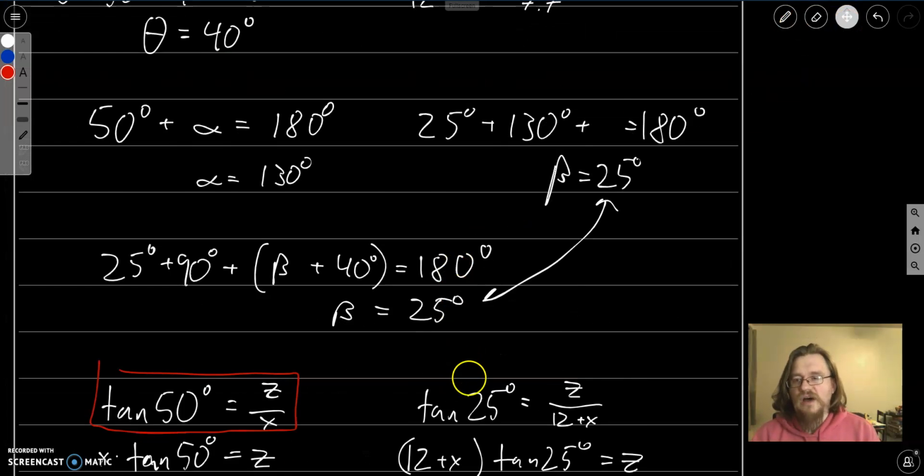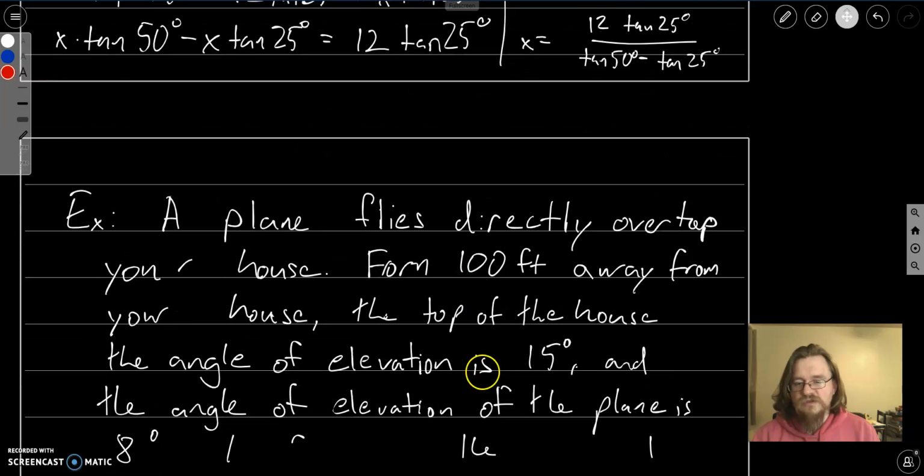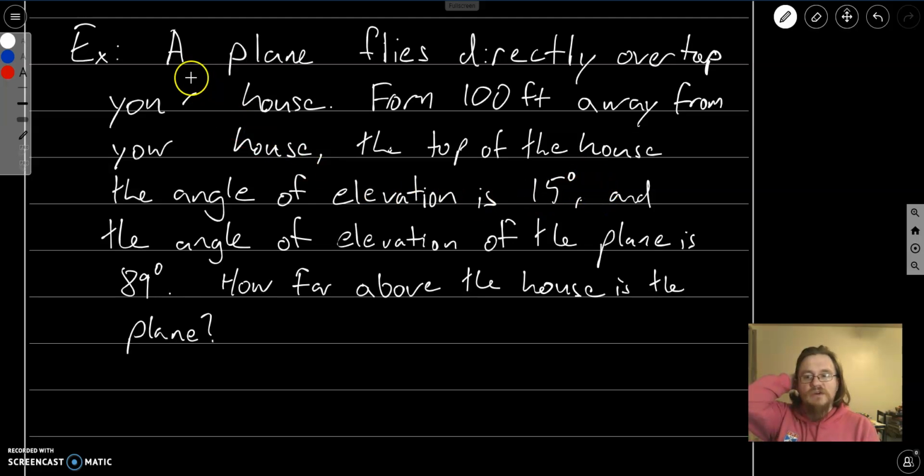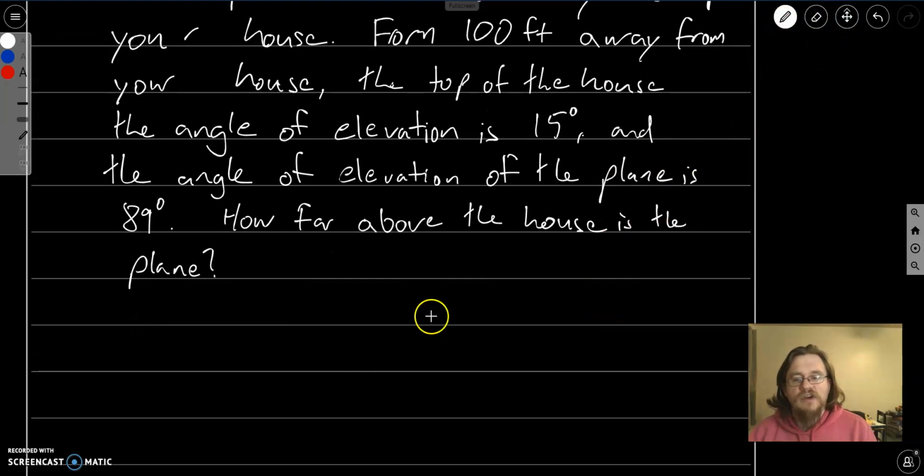Okay, so this was sort of a lot of work, but doable. And now I want to set up this next question as well. So we have a plane that is going to fly directly over top of our house. So I want to start drawing a little picture.